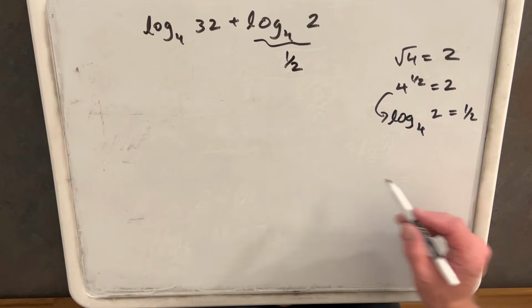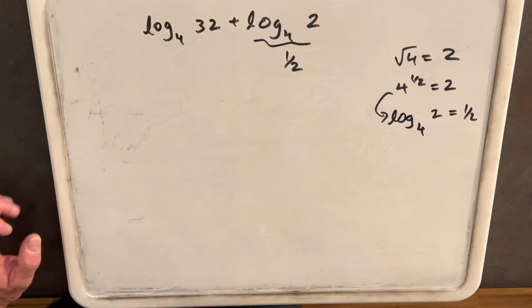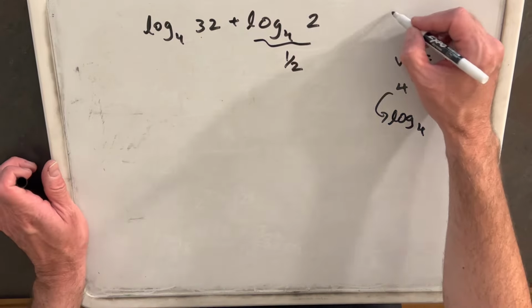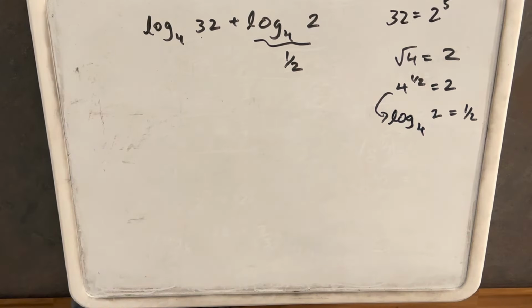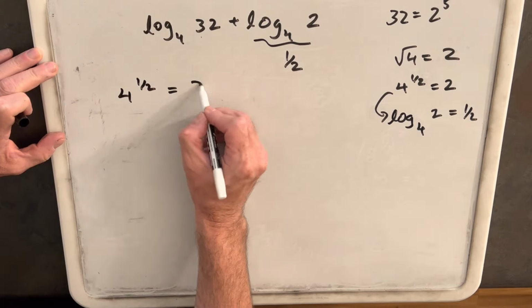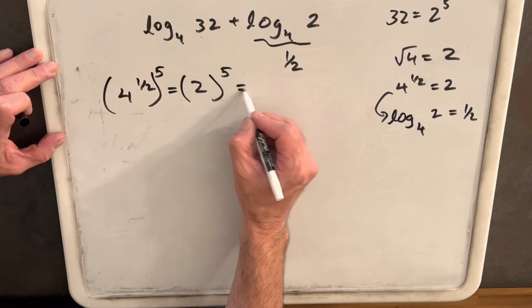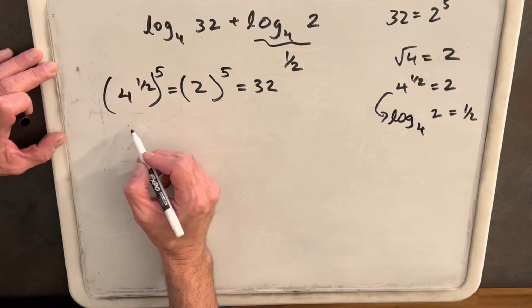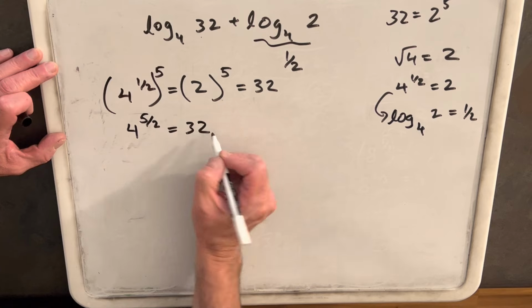Now we know how to find log base 4 of 2. We need to find log base 4 of 32. 32 is just 2 to the 5th. So if 4 to the 1/2 equals 2, we can take the 5th power on both sides, and then we're saying 4 to the 5/2 equals 32.